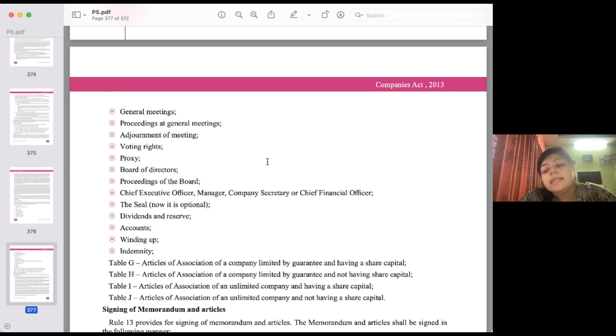Now the meetings can be held online, but prior to this, there was very little information technology. People didn't have access to computers, internet, etc. Majority of people didn't, so they would have to call physical meetings. In such cases, say a company as big as Reliance, because their registered office is at Bombay, they would have to conduct their general meetings at the place of the registered office, usually.